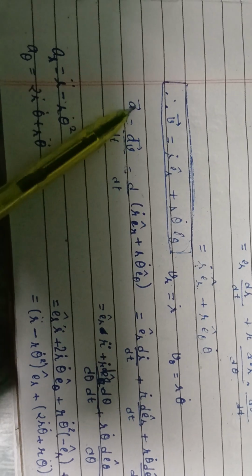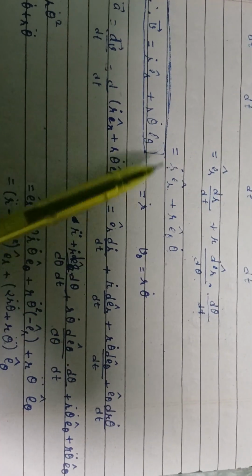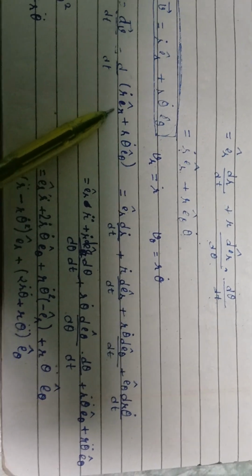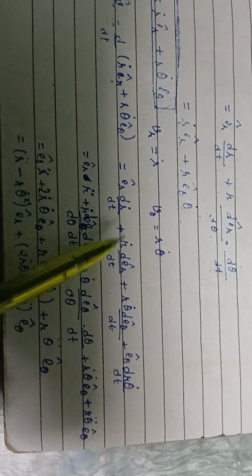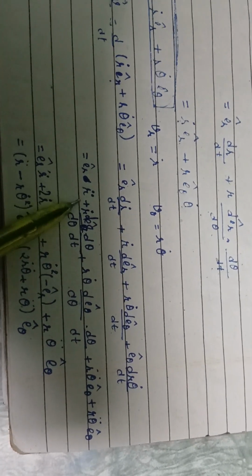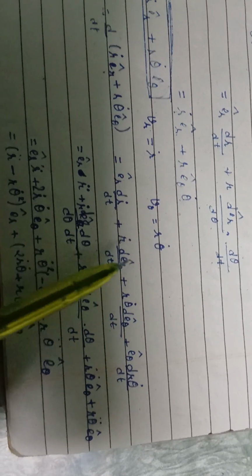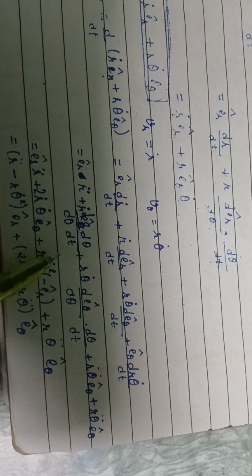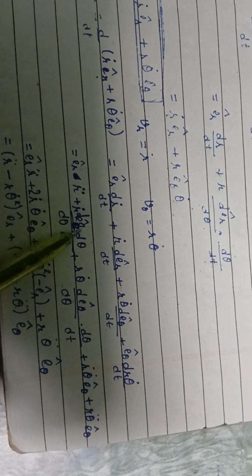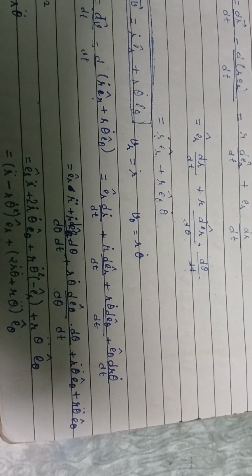For acceleration, again differentiating velocity with respect to time, here we have taken out er, and then we differentiate r dot first, which gives us r double dot, which is the acceleration, plus r dot times der by dt, which on the chain rule again gives us der by d theta, which gives us e theta.